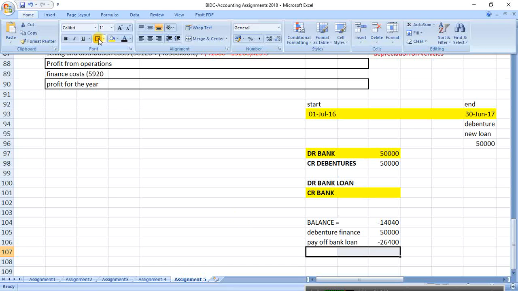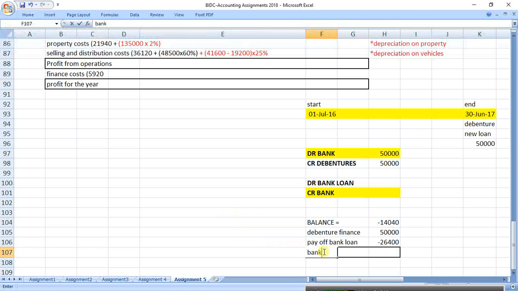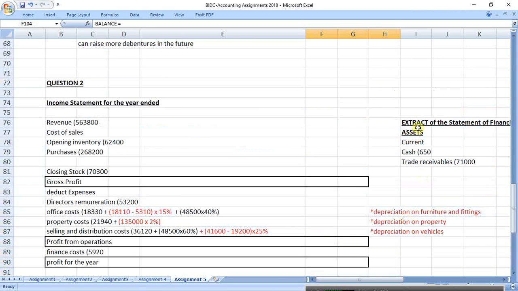Yes. Now bank is an asset, not a liability, so it will be disclosed as an asset now. I add up all of that and I get a balance. This little working here is going to be shown there.